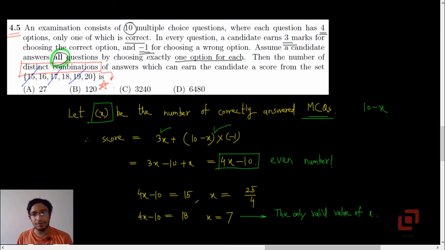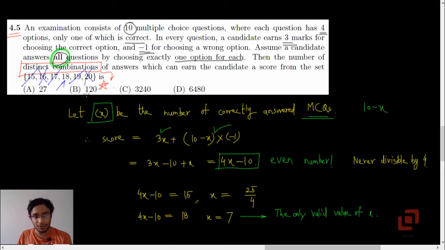Second thing is that 4x minus 10 will never be divisible by 4, because 4x is divisible by 4 but not 10. So that leads to the exclusion of the elements 16 and 20. So the only possible score that he can earn is 18.